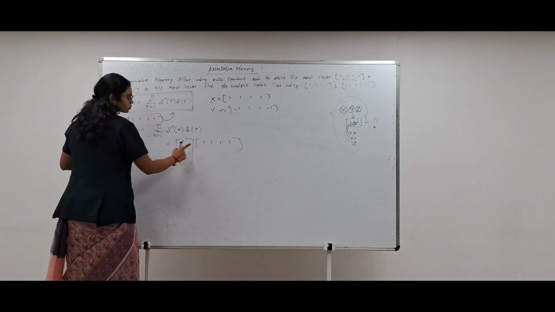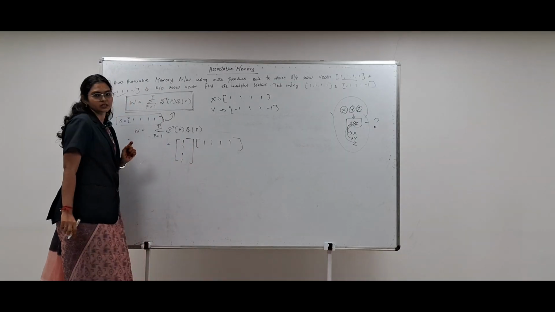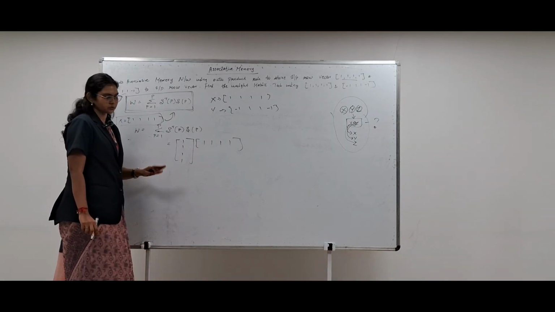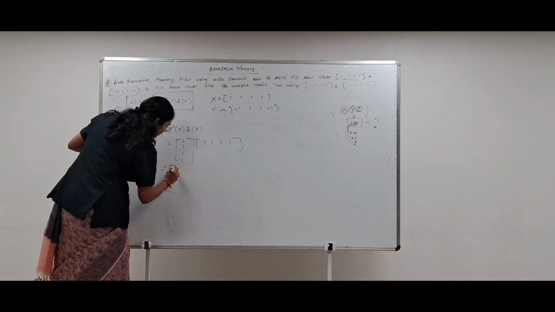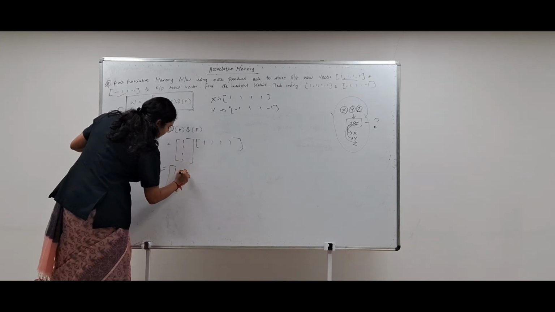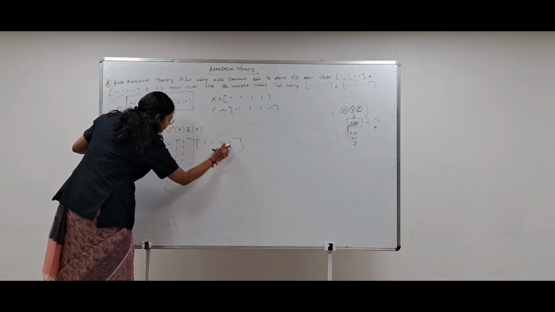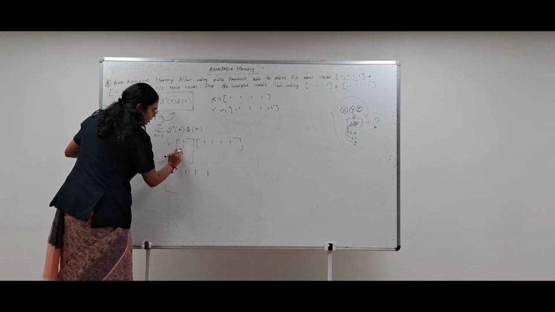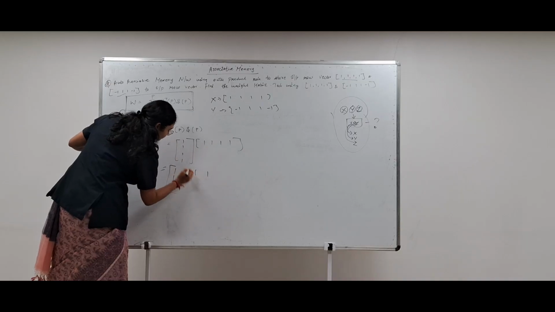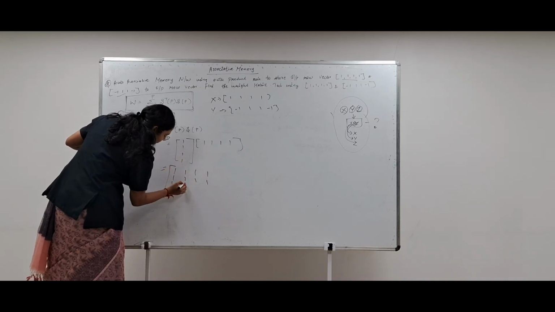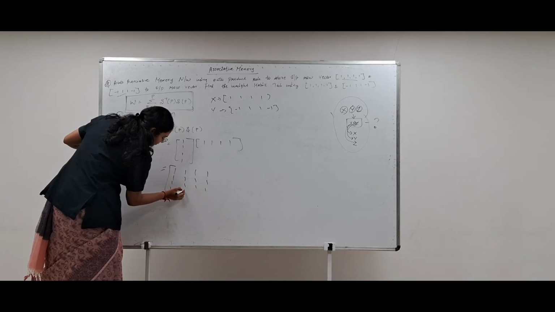Now we do a normal matrix multiplication. What will be the answer? 1 into 1, 1, 1 into 1, 1, again 1, 1 into 1, 1. Next, coming to the next row, 1 into 1, 1, 1 into 1, 1, and again for this one, 1, 1, 1, 1, 1, 1, 1, 1.